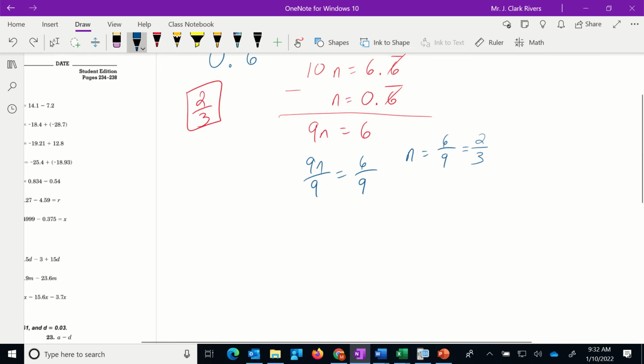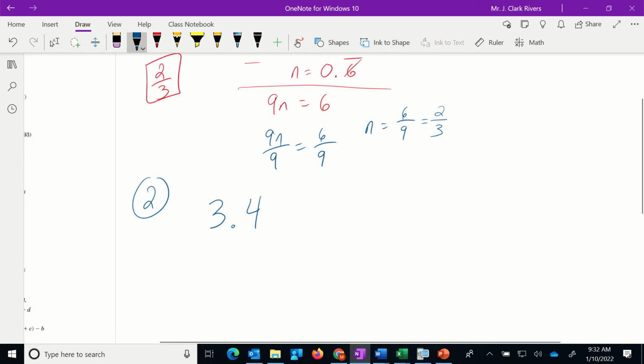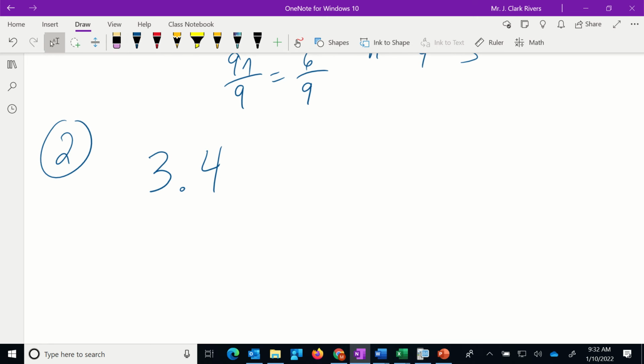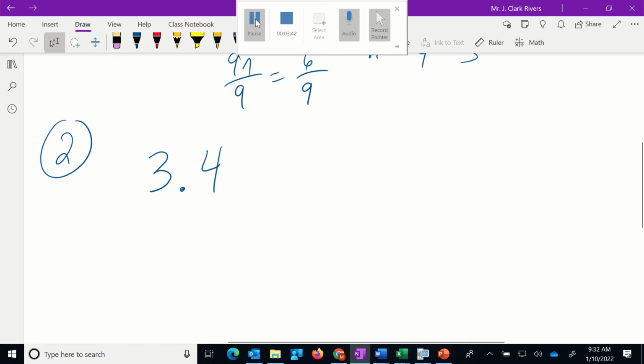Number 2. How about this one? I want you to write 3.4 as a fraction. Be careful, this one does not repeat. Anybody need more time here?